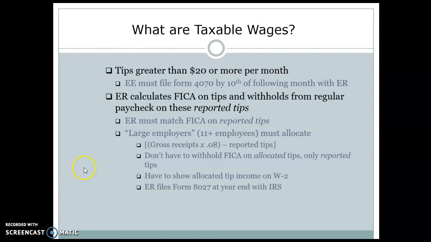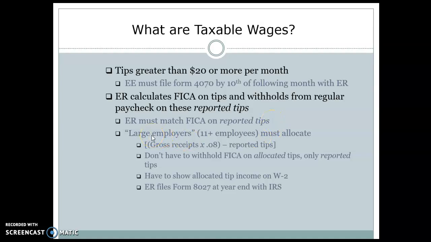Okay, the employer has to calculate the FICA, remember that Social Security and Medicare, on those tips that were reported by the employee.